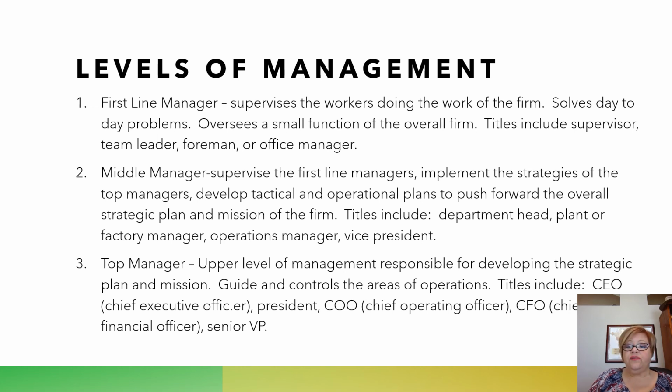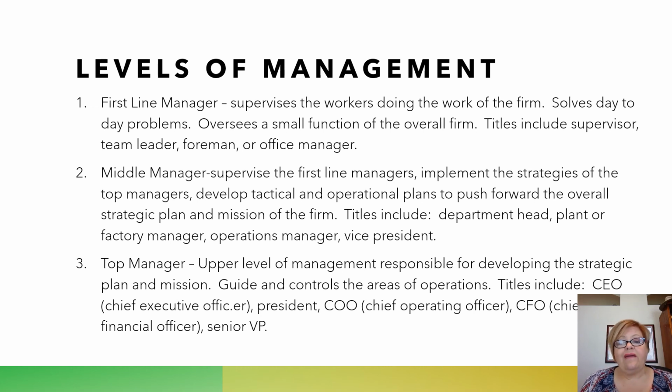They need to make sure that their area has the materials that they need. So they might be involved in ordering materials for their people. They might be involved in helping an employee with a task that maybe their employee is struggling with, to watch them, make sure they're doing their task correctly.